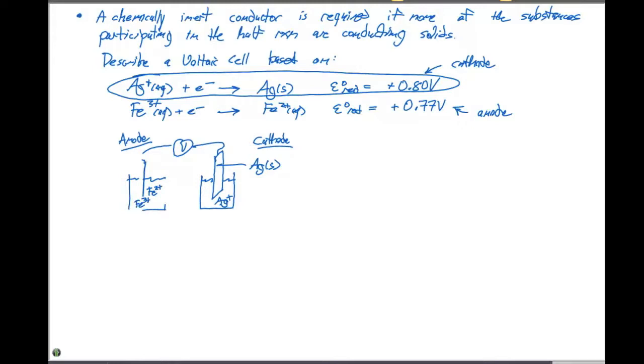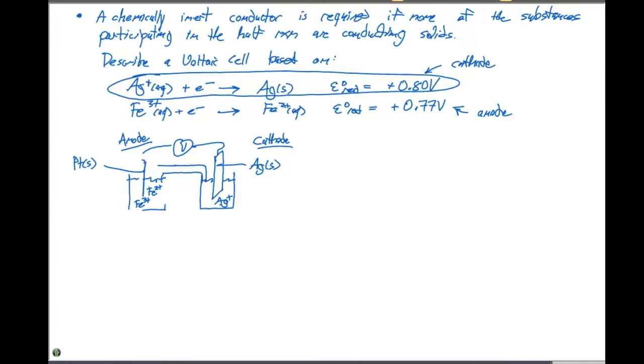We add our salt bridge, and now we have our cell. We need some kind of conducting solid here, which is typically platinum. The only drawback from using platinum is that it's so expensive.